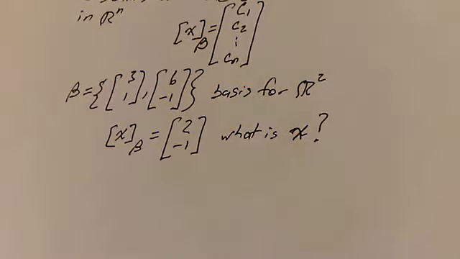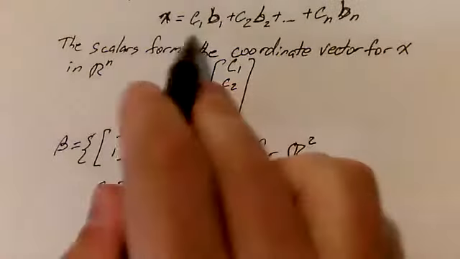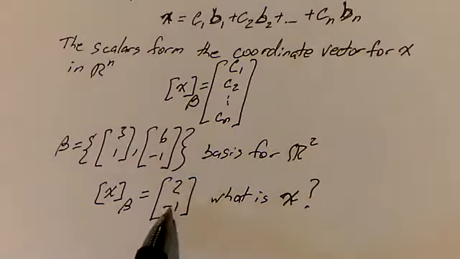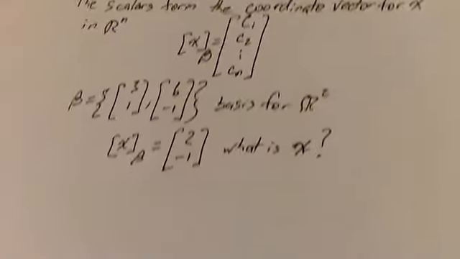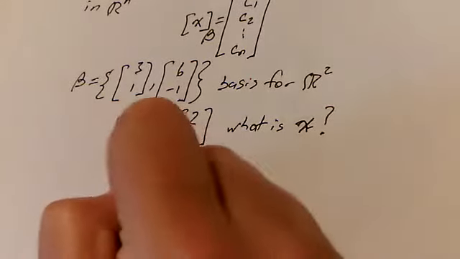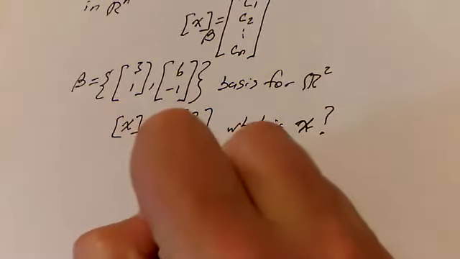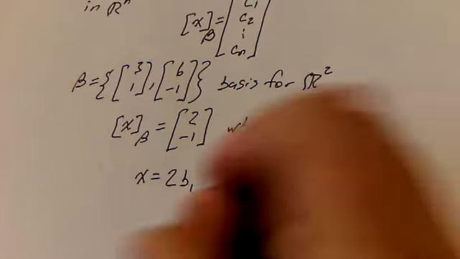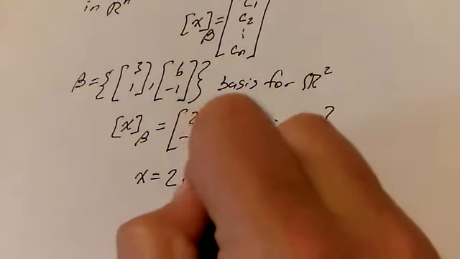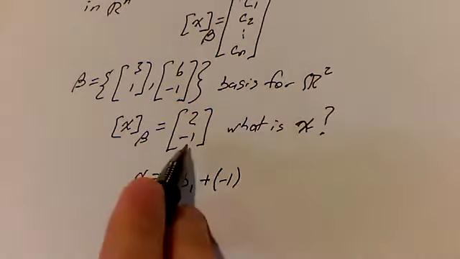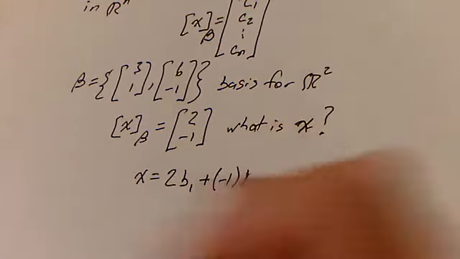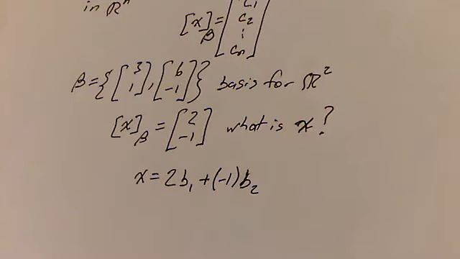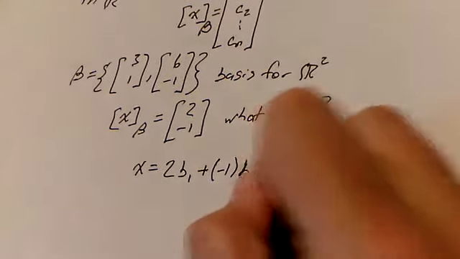All right, so I have this linear combination equation. This coordinate vector corresponds to those weights. So I know that x is going to be equal to 2 times the first basis vector, plus -1, because -1 is my value here in the coordinate vector, times B2, my second basis vector. So let's look at what that is.